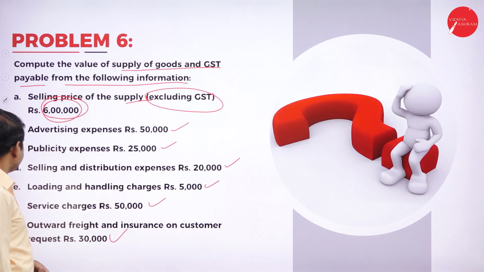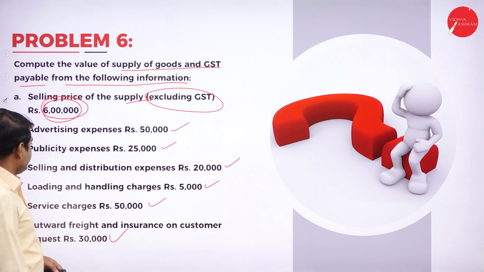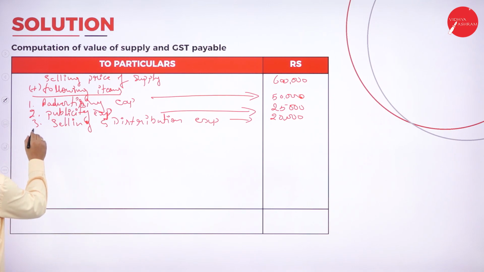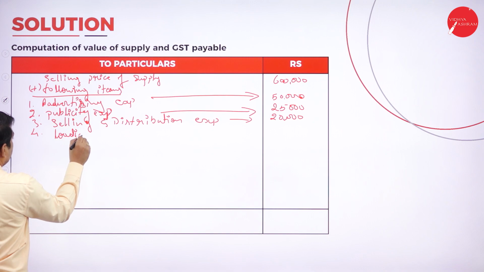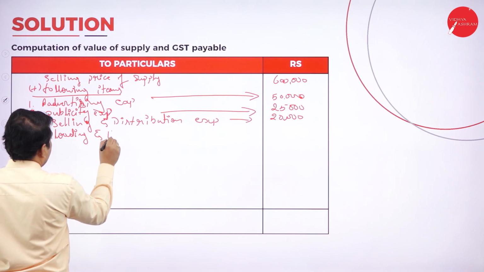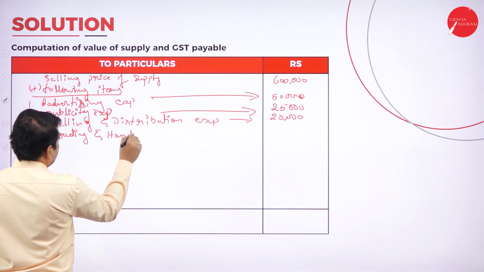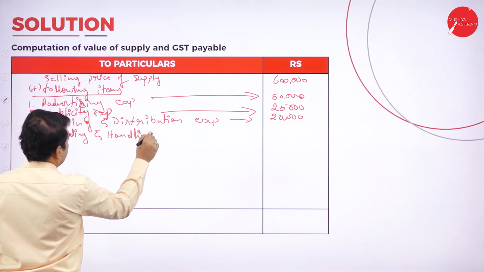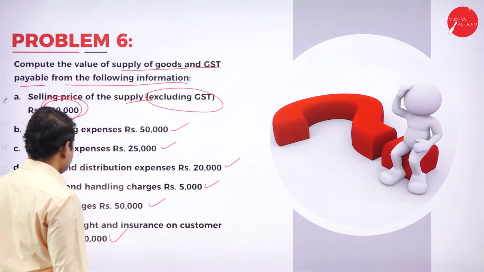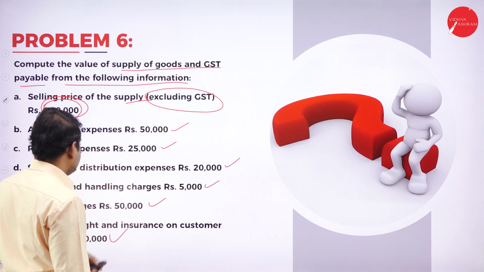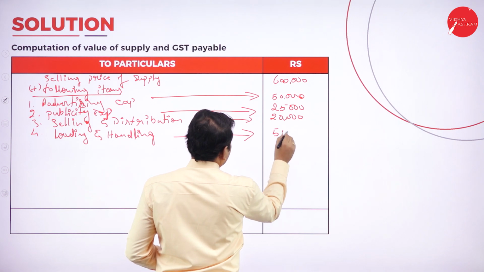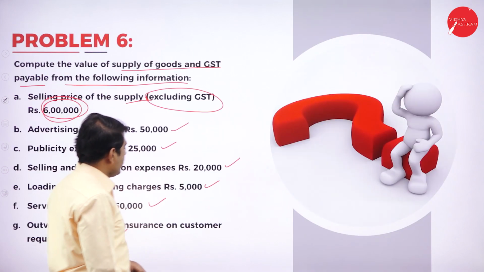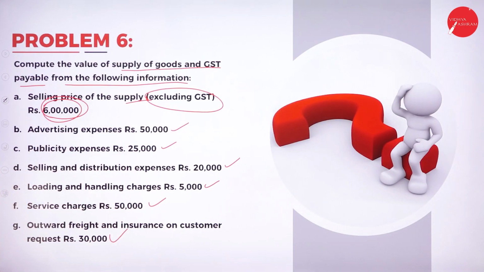Next one, loading and handling charges 50,000. Fourth one, loading and handling charges 5,000. Next one, service charges 50,000.